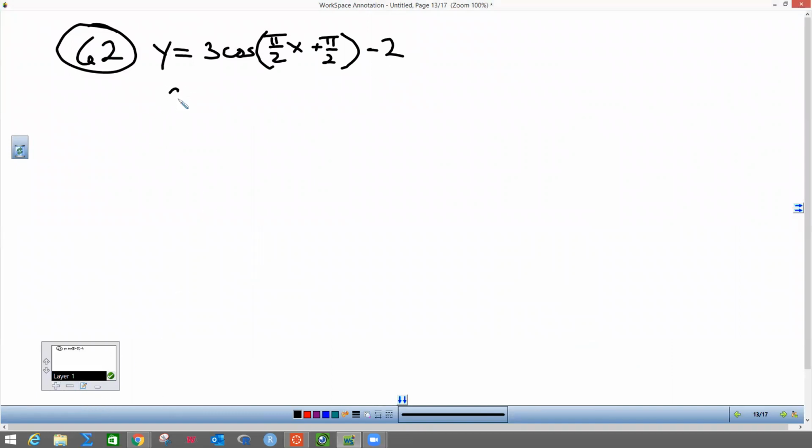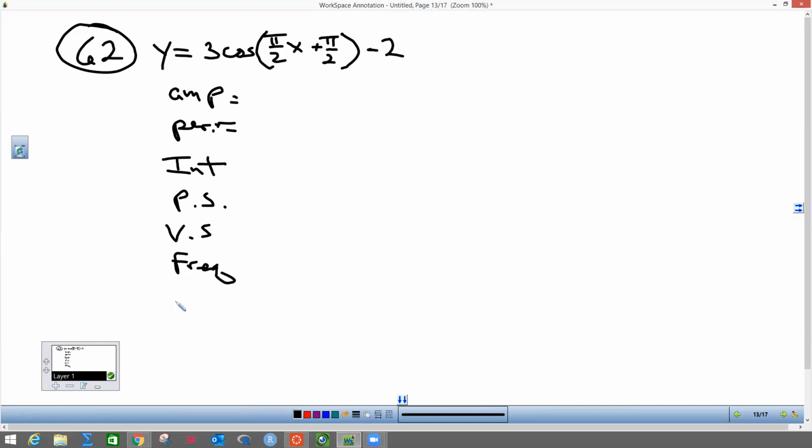Okay, I'm going to put all these on here: amp, period, interval, phase shift, vertical shift, frequency, domain, range.